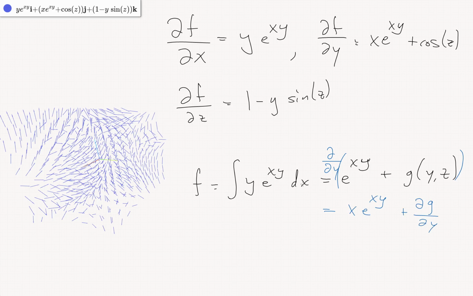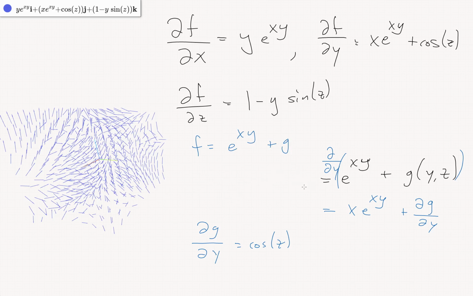And so comparing with this, we see that del g by del y has to be cos z. So maybe let me write out the function we've got so far. So f is e to the xy plus g.